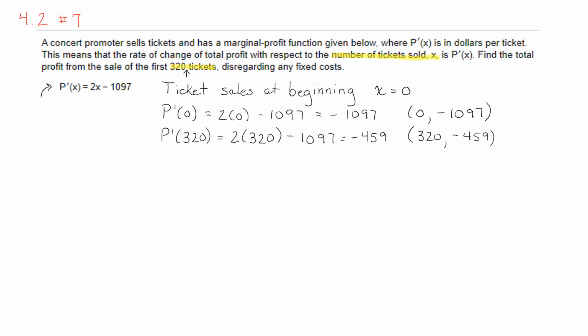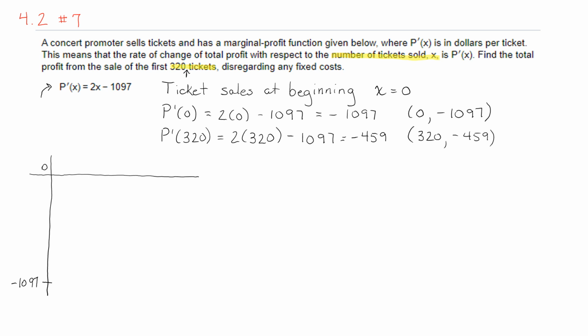Now, we want to put this on a graph, and you'll see that our Y values are negative, so I'm going to draw the graph like this. This is our 0. And so the first one is when X is 0, our Y is way down here at negative 1097.